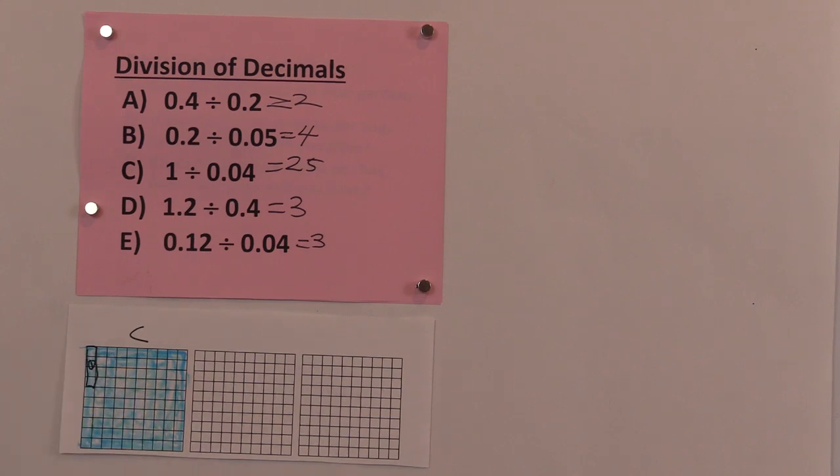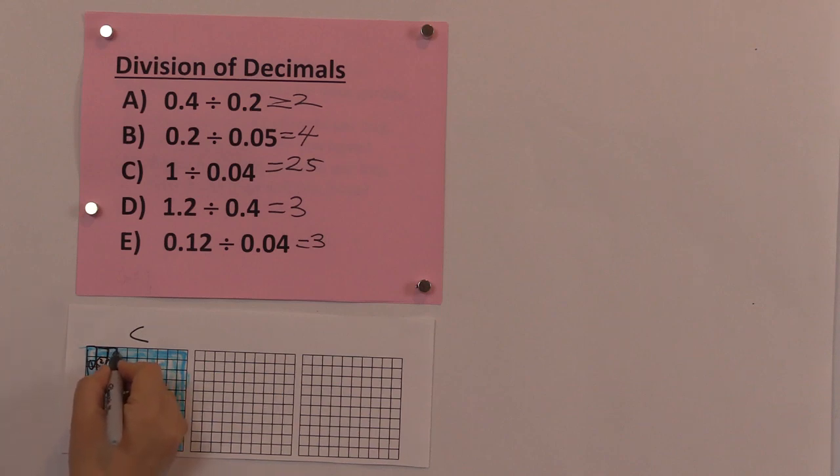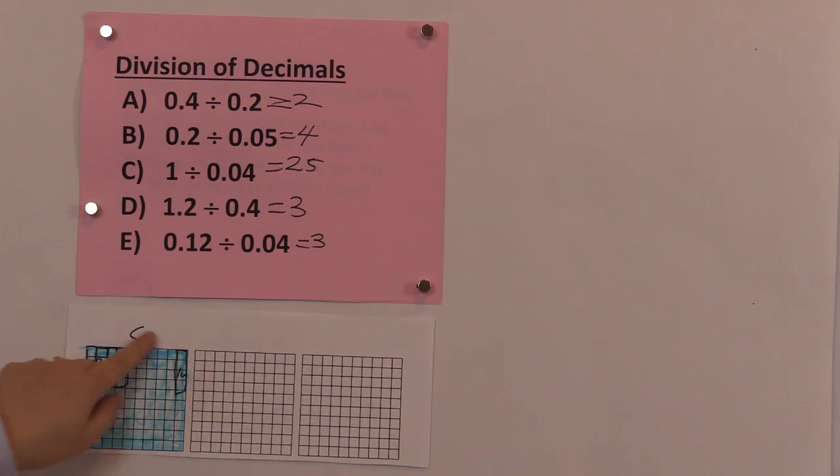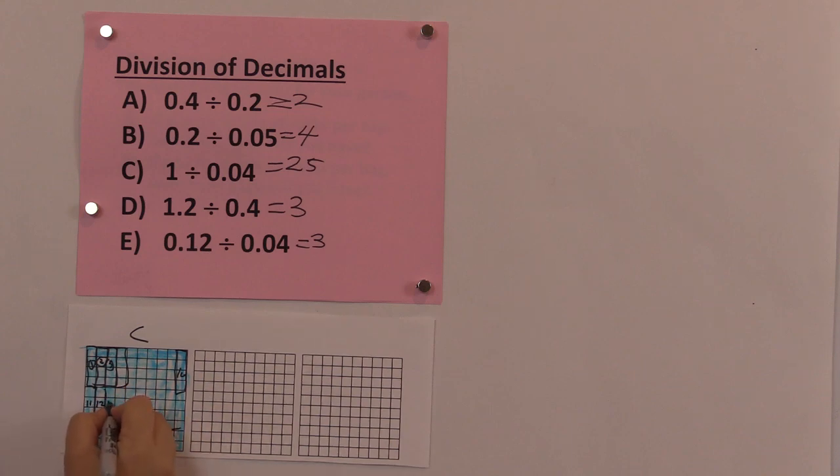This is what I'm doing here. This is 2. This is 3. Right? 4, 5, 6, 7, 8, 9, 10. So I have 10 groups of 4 hundredths in here, and I can do another one here, right? 11, 12, 13, 14, 15, 16, 17, 18, 19, 20 groups of 4 hundredths, right?